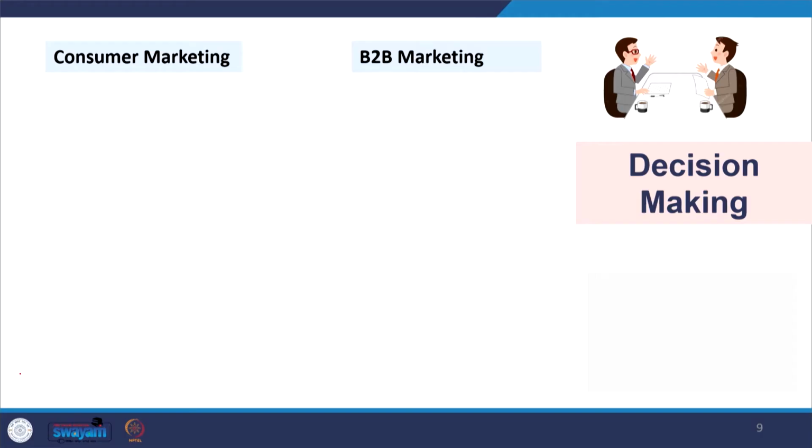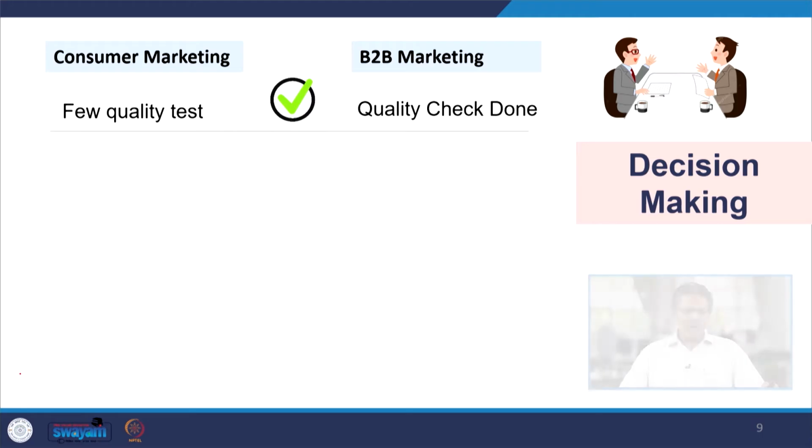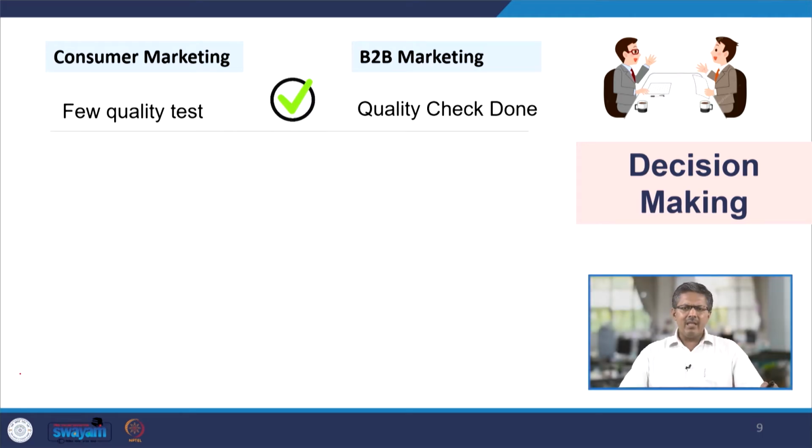Today we will be discussing some more differences, for example, how decision making differs in consumer marketing and B2B marketing. In the consumer market, very little quality testing is done, and if it is done, it is done at the manufacturer's level and not at the consumer's level. But in the B2B market, quality checking is a very important parameter.